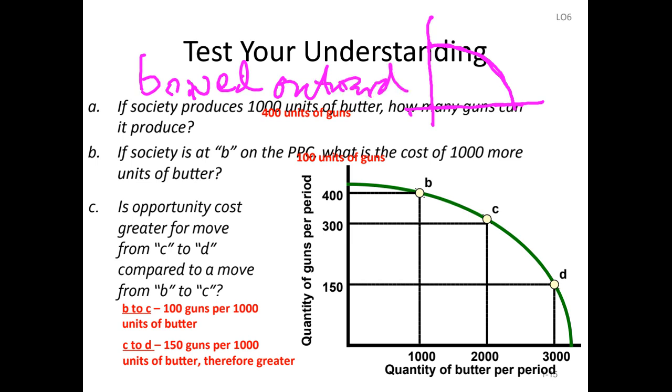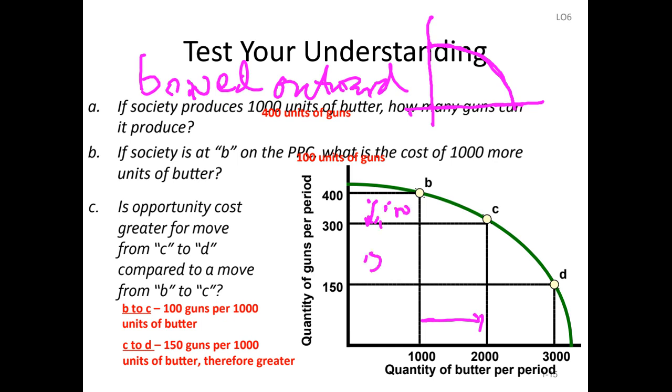So the production possibilities curve is bowed outward because of increasing opportunity cost. Because you can see every time you increase the production of butter by 1,000, the number of guns that you give up increases. First it's 100 and then it's 150.